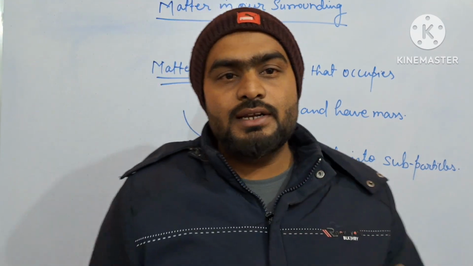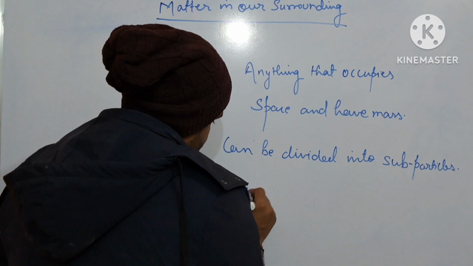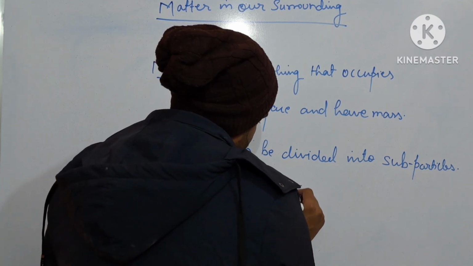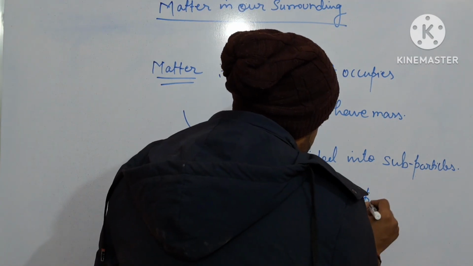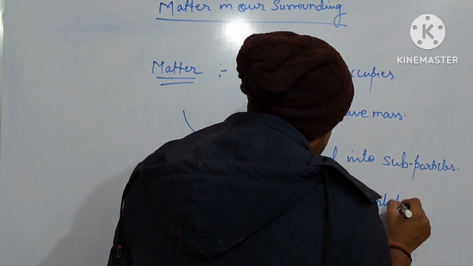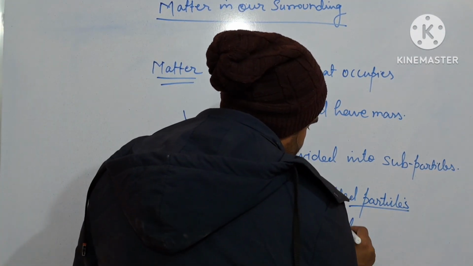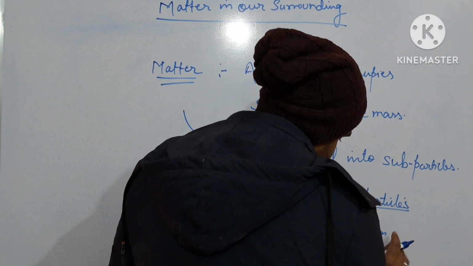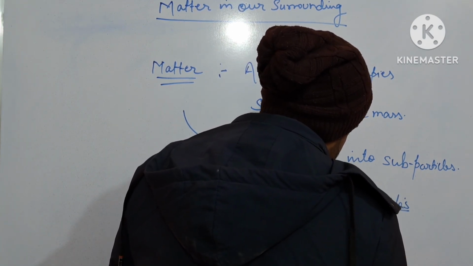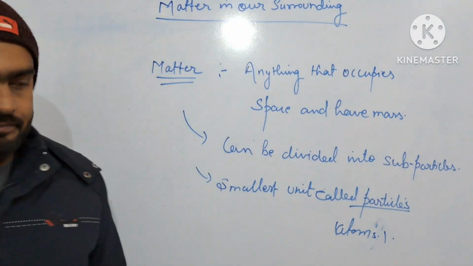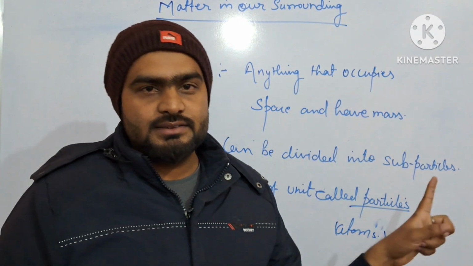That smallest unit is called a particle, also called an atom.